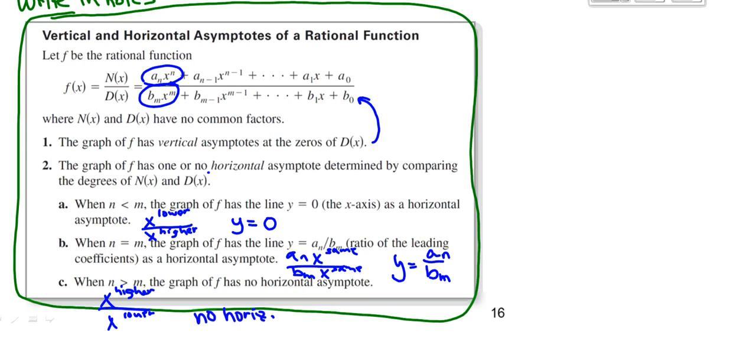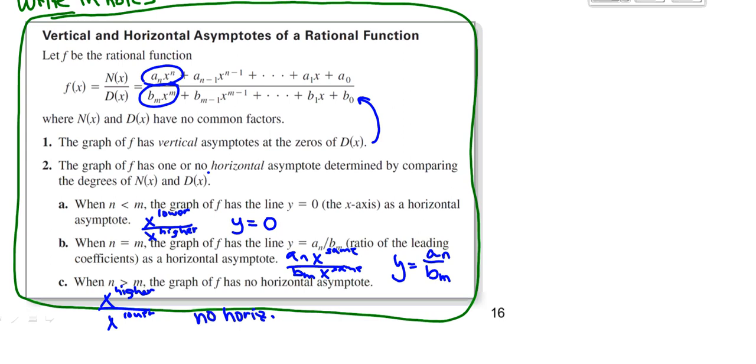When n equals m, the graph of f has the line y equals a sub n over b sub m. Notice those are the coefficients of those first terms, the leading coefficients. The ratio of the leading coefficients is a horizontal asymptote. And when n is greater than m, the graph of f has no horizontal asymptotes.